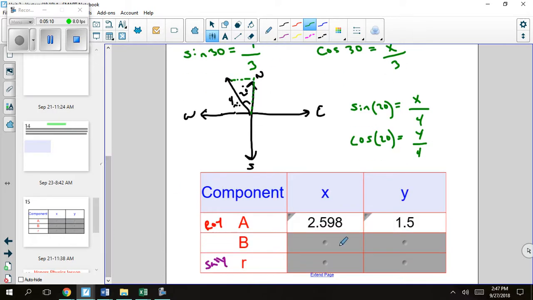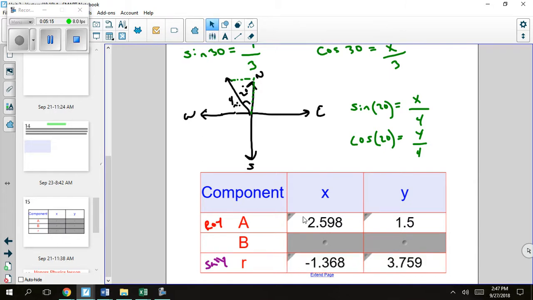To do those correctly, you should end up with negative 1.368 and 3.759. Now, when you put this in, you're going to get a positive number, but you need to remember that it's north and west. So this is positive, this is negative on this side, because they're on the west side there.